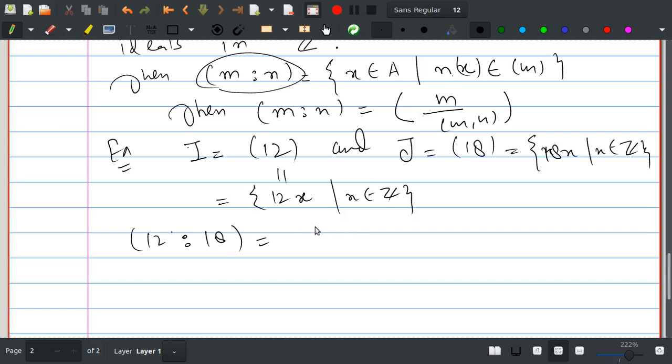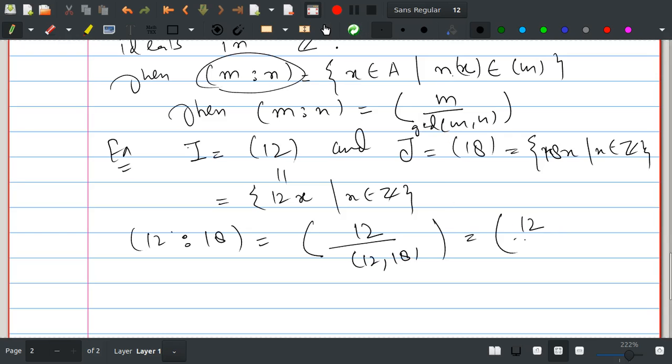So this is actually the ideal generated by 12 over GCD of 12 and 18, which is 12 divided by 6. So this is actually the ideal generated by 2.